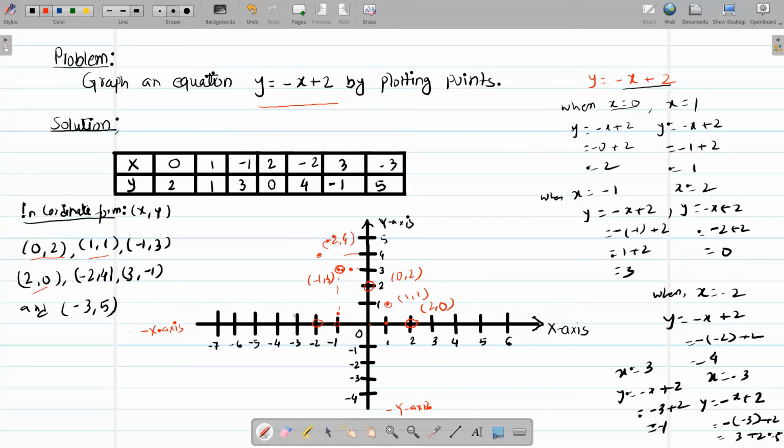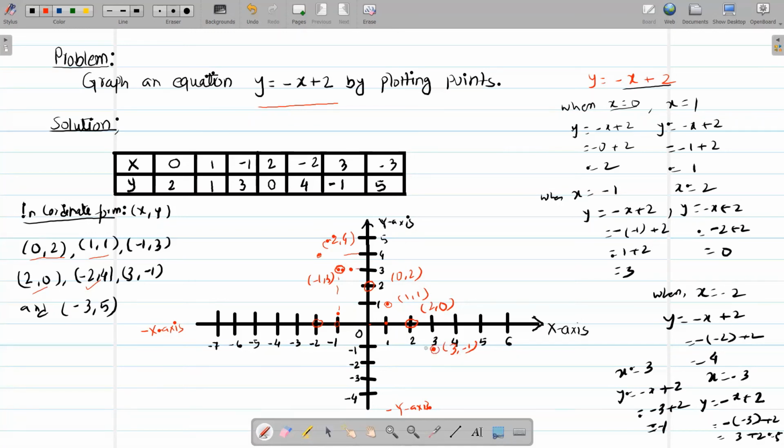The same way you can plot 3 and negative 1. 3 is positive, and negative 1 is here, so our coordinate is 3 and negative 1.